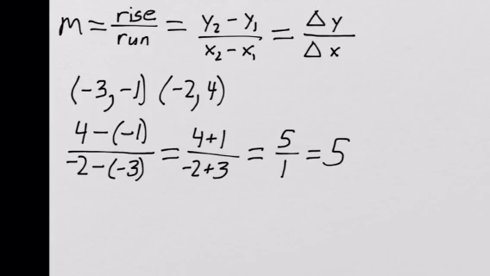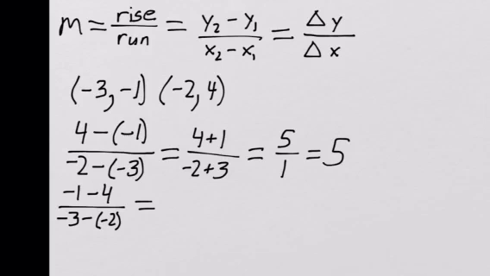Now, I do frequently get asked if the order in which I label my points matters, and it turns out that it doesn't. I could do -1 minus 4, so I'm switching which point I'm defining as x1, y1, and which point I'm establishing as x2, y2. And then for the denominator, we have -3 minus -2.